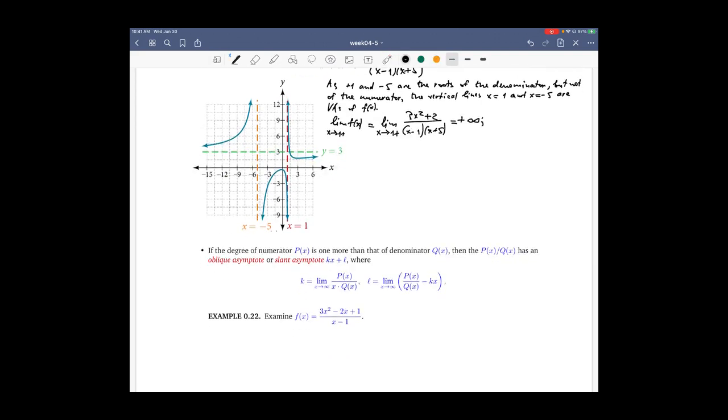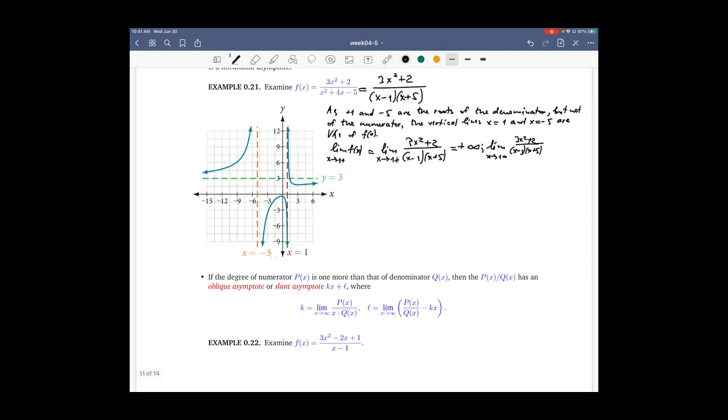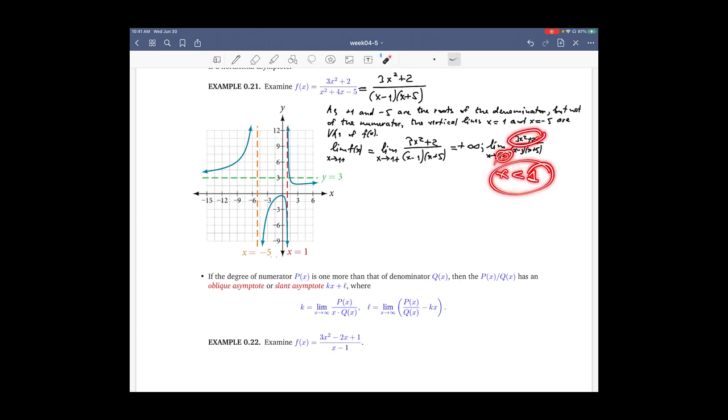Likewise, we compute the limit at 1 from the left. We see immediately that once x minus 1 is negative, and this is true because x is less than 1, we have this portion positive, and this factor negative.